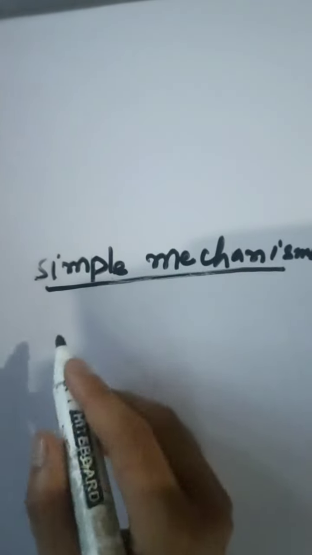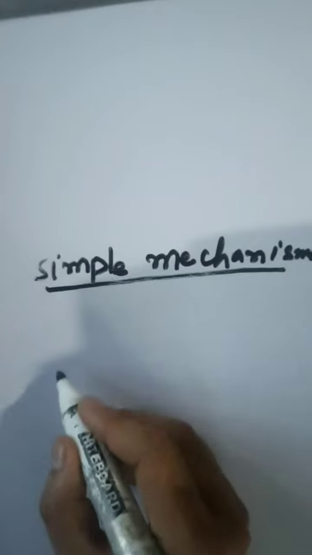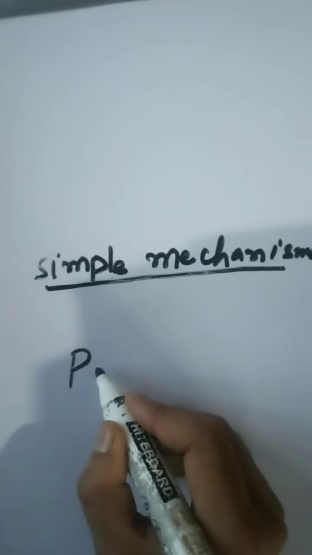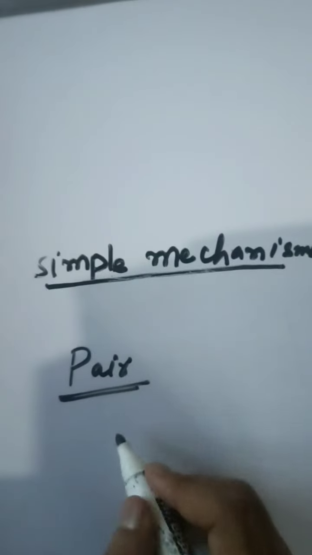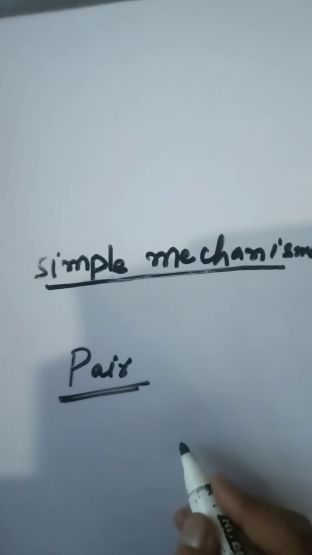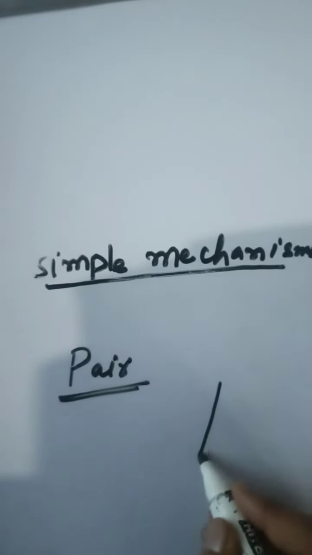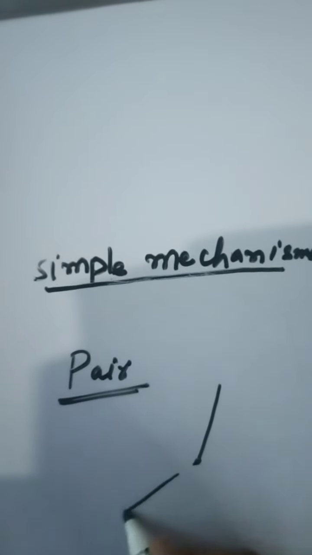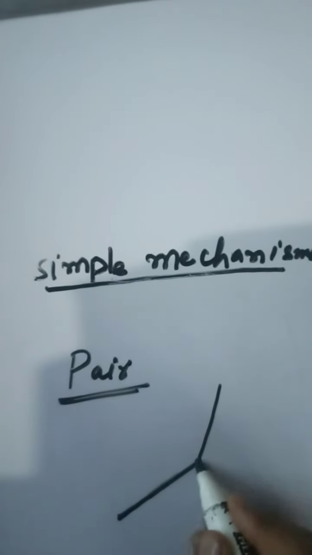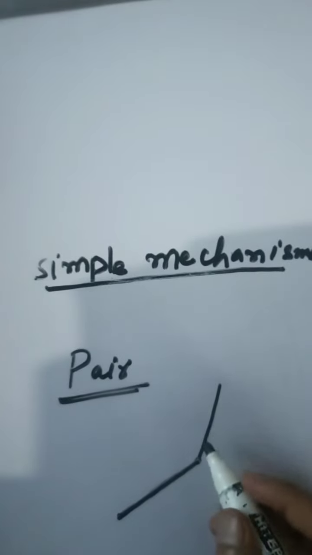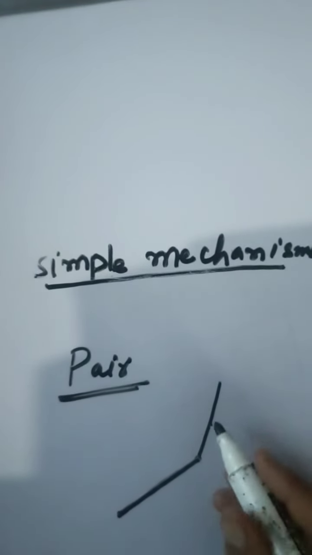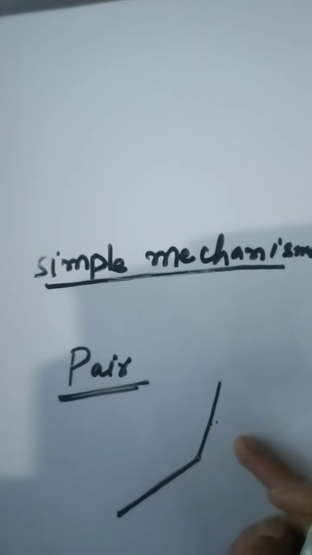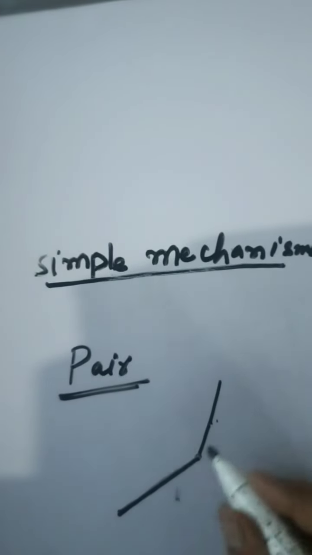Now the next to it comes the pair. What is a pair? Basically, when there exist two links transmitting the motion to one another, or they possess relative motion to one another, then the two links form a pair.